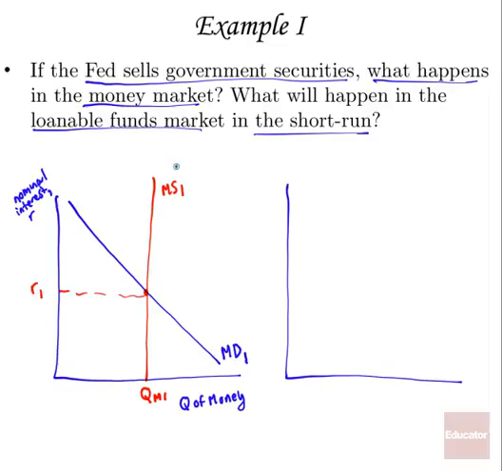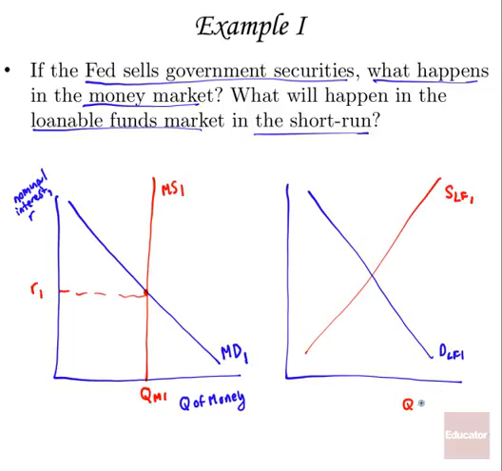So if the Fed sells government securities, let's match this on the right here. This is the demand for loanable funds, and you have the supply of loanable funds.